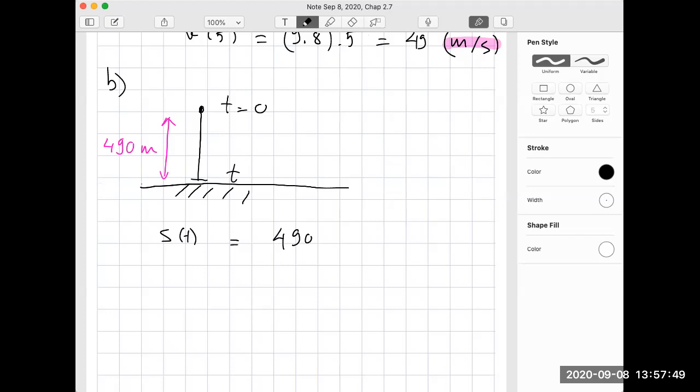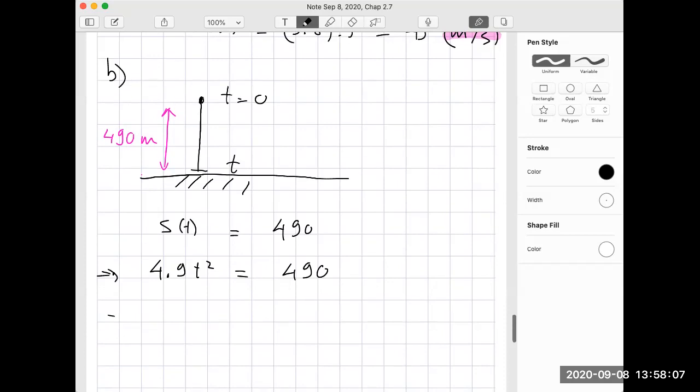From the equation, we know that s of t is 4.9t squared. Put it in here, and the right-hand side is 490. Therefore, we divide both sides by 4.9. We have that t squared will be 490 divided by 4.9, which gives us 100.